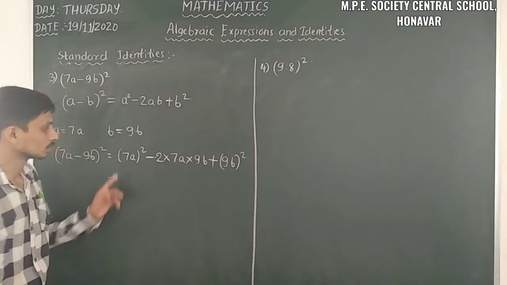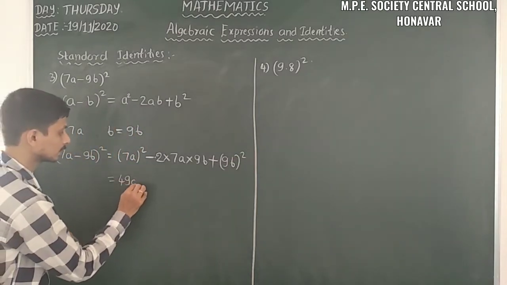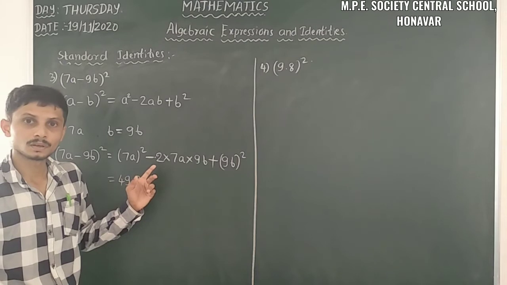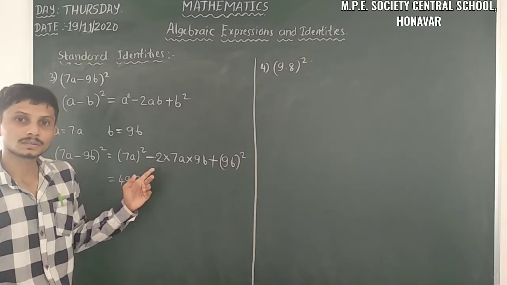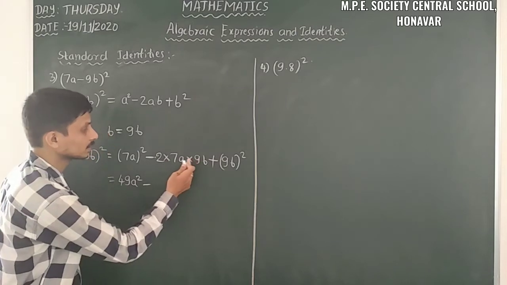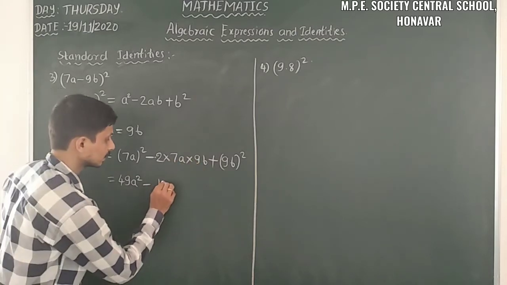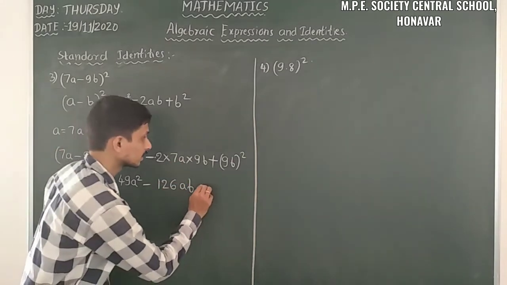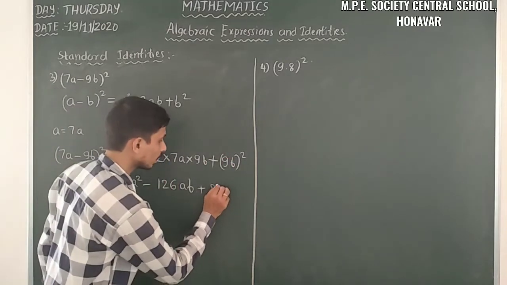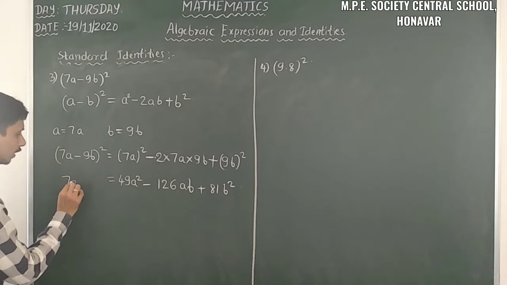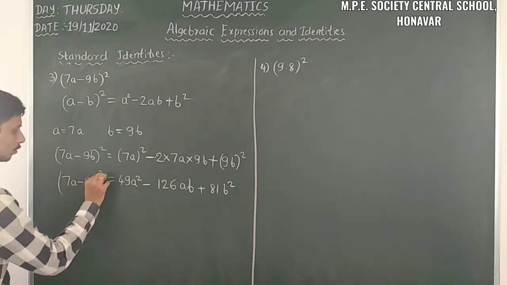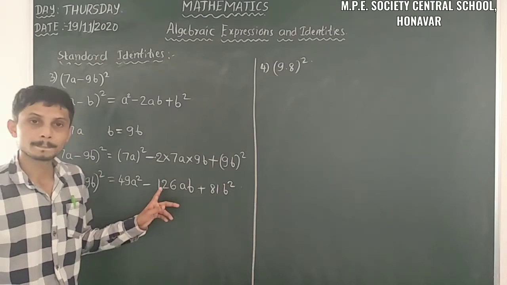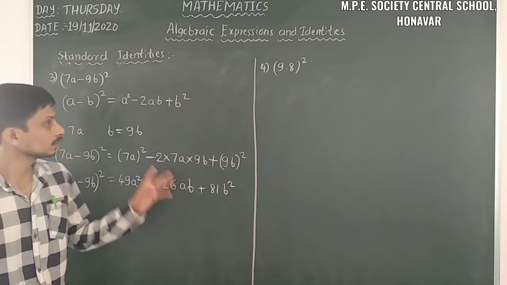So 7 square is 49a square minus, 7 into 2 is 14, 14 into 9 is 126, so 126ab, plus 9 into 9, 9 square is 81b square. So here we have the answer for this first question.